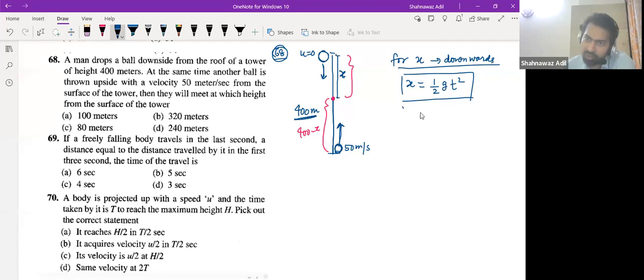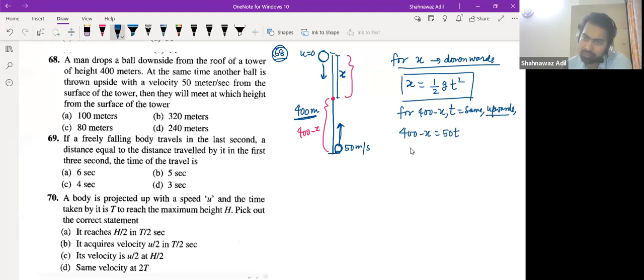Time is the same, right? But it is going upwards. So u will be 50, right? Yes, absolutely right. 50t.